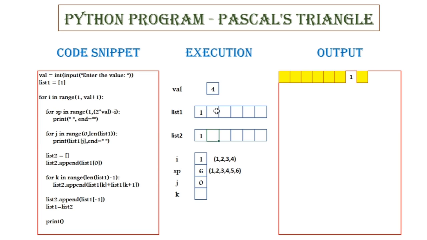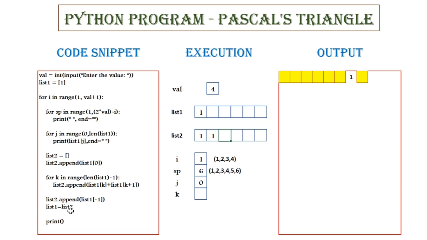We don't have any value in list 1 of 1. So the control comes out and then it goes to the next line where it says list 2 dot append of list 1 of minus 1. Here we are using the negative index where we are going to access the list items from the last. So the last item in this particular list is 1, which will get appended to this list 2. So 1 gets added to this particular list 2.